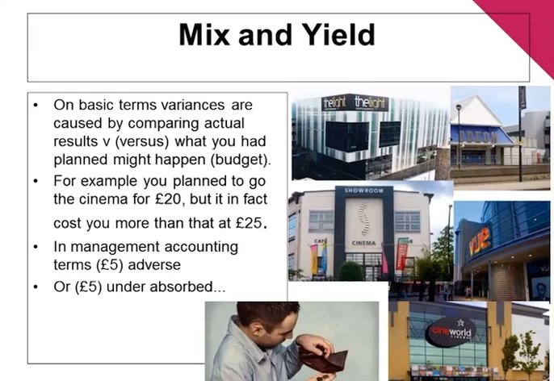Let's say you plan to spend £20. You come home and you realise that your actual spend was £25. So in management accounting terms, you are £5 adverse, or just to keep you even more on top of things, if you were doing an overhead absorption rate analysis, you would say that you were underabsorbed.